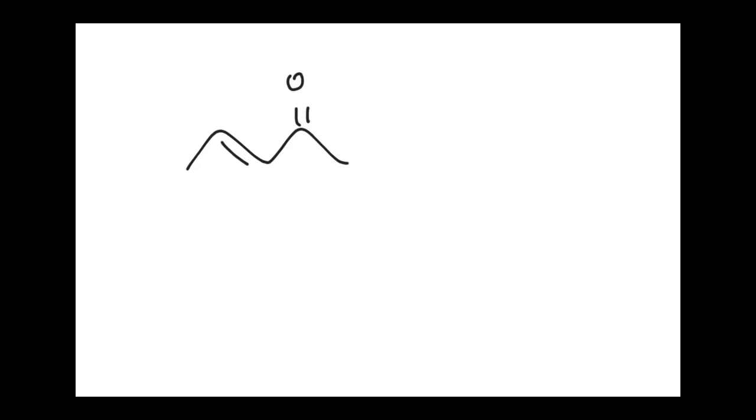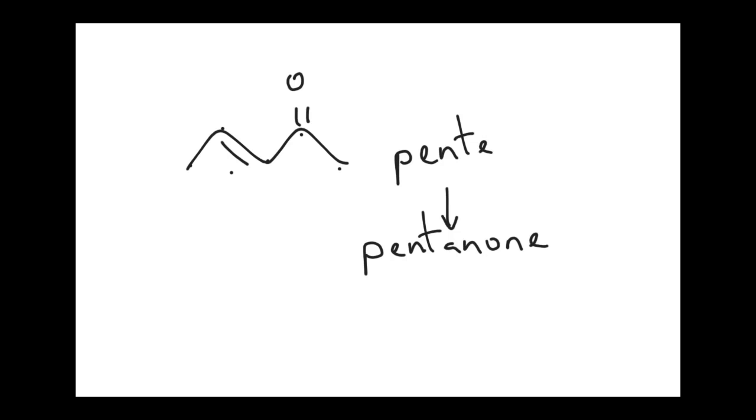We'll try another one where we use a double bond in here. So the ketone is a higher priority. 1, 2, 3, 4, 5. So this is a pentanone. I'll write that out just fully. Pentanone. But we know that we have a double bond. So the A we want to change into an E. So somehow we want to get pentenone. This indicates a double bond.